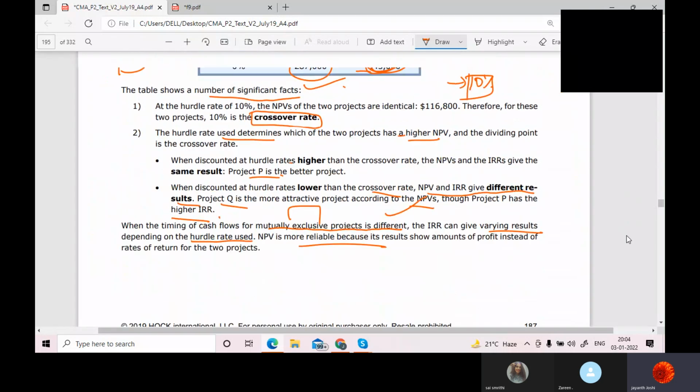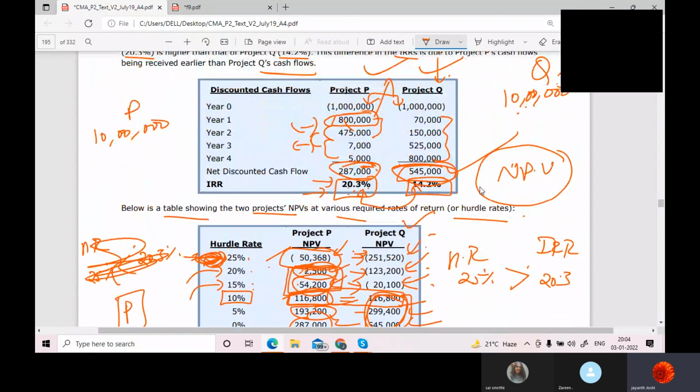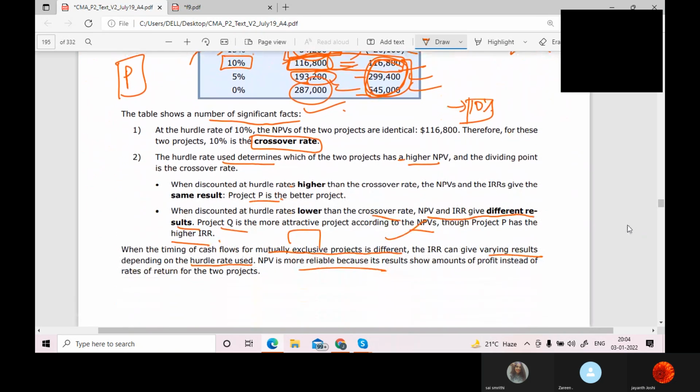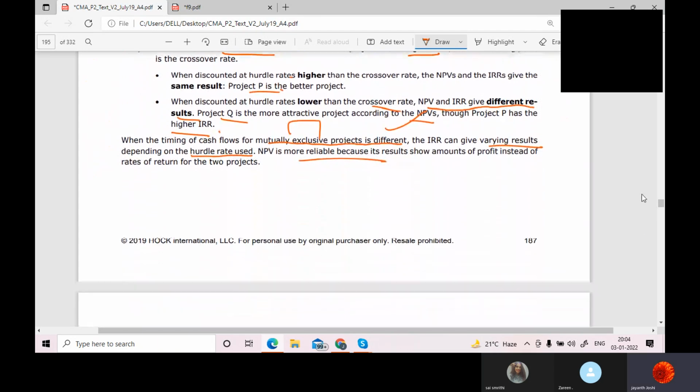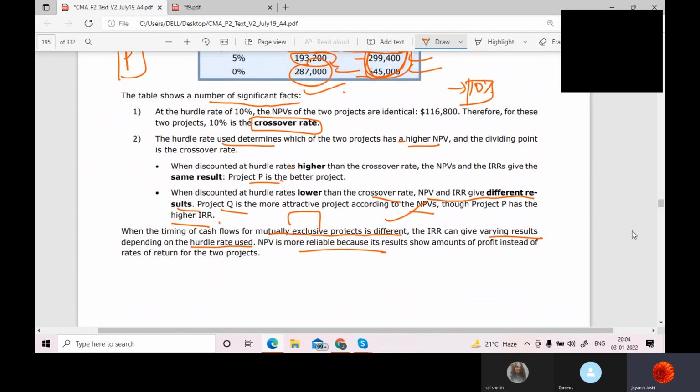So the problem which is getting created here is, since we have two different results of IRR, even though we have done an investment of equal amount and we have two different NPVs, we are not able to decide which one to finalize. But at the end of the day, the project with the higher NPV is the only acceptable one. So that is what they're saying. You trust more on your NPV rule.